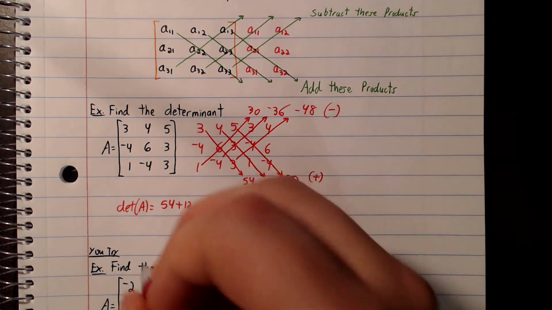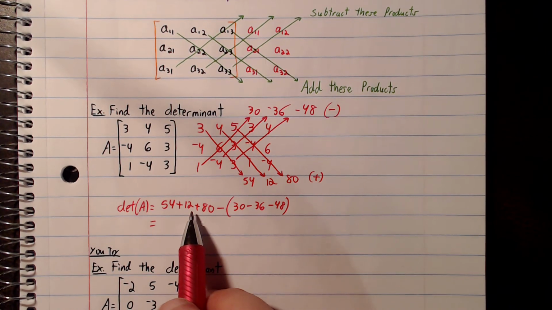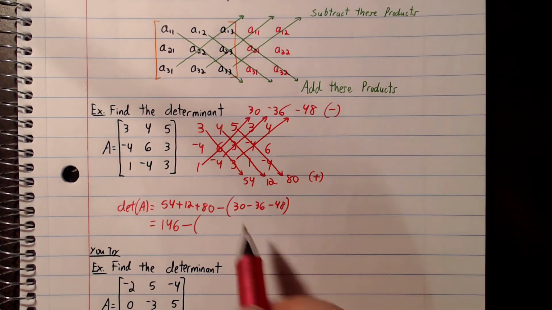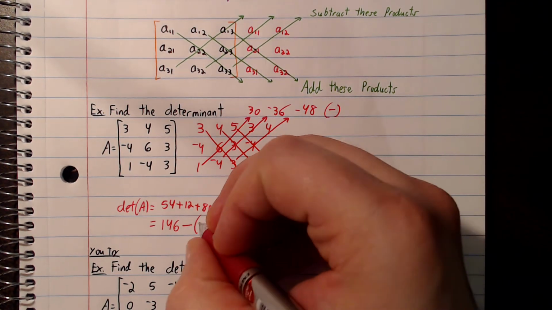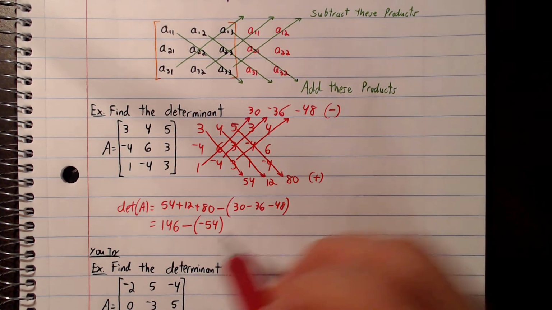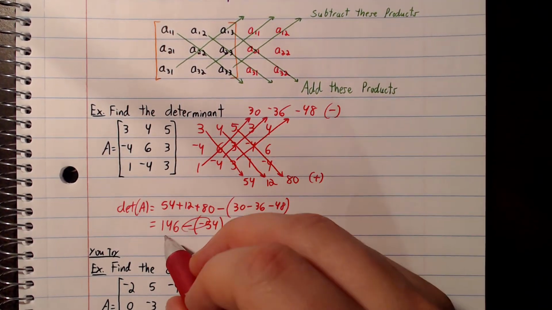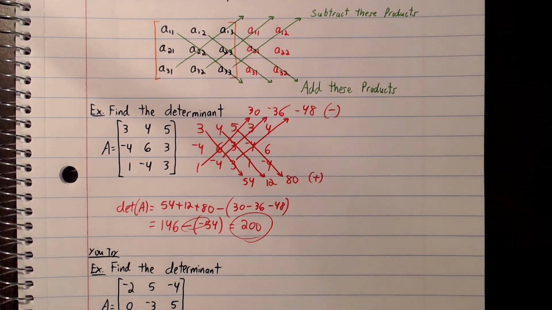Okay, well, let's see. 54 plus 12 plus 80 is 146. 30 minus 36 minus 48, that's negative 54. That's a double negative, so that becomes addition. So 146 plus 54 is 200.